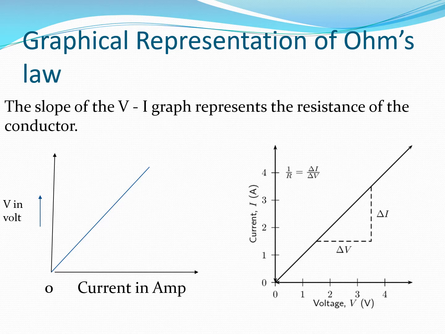And these substances are called ohmic substances. The substances which do not follow Ohm's law will not give you a straight line passing through the origin. If you plot VI for them, you will get a curved line, generally a parabola. But we will stick to ohmic substances.